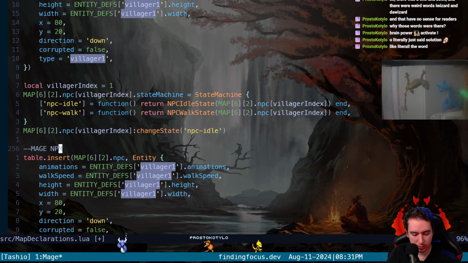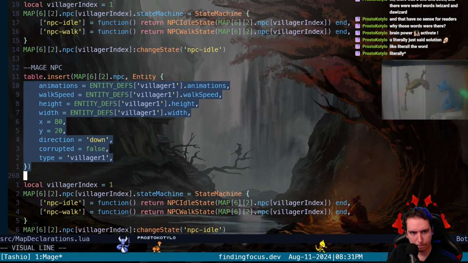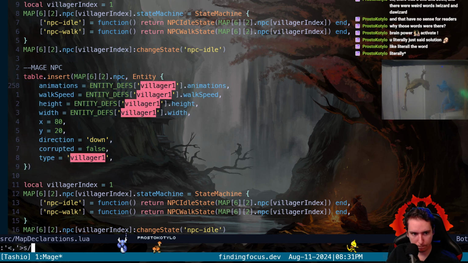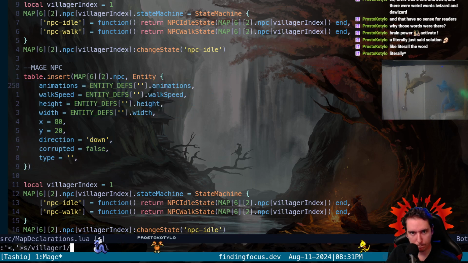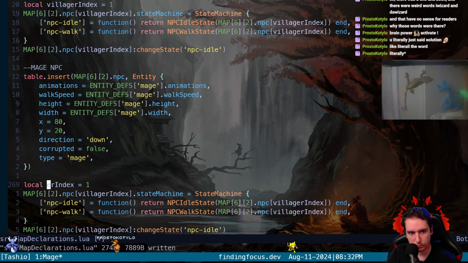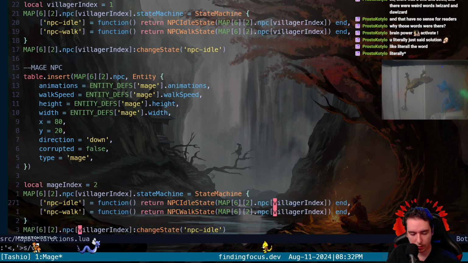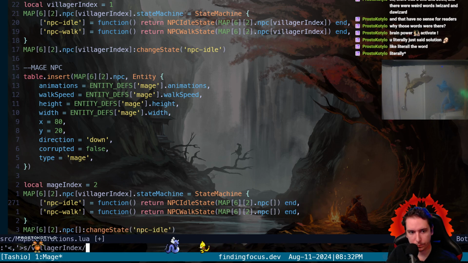We'll put them on the same screen here. We'll have to come up with a better way to do this with the villager index and whatnot, but right now, this works.